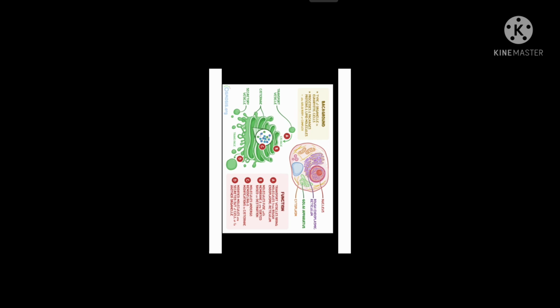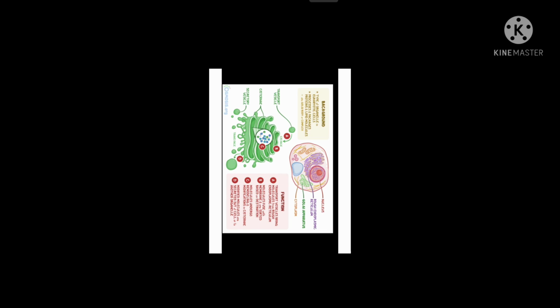Then coming to the functions. What are the functions of the Golgi complex? There are a lot of functions, but I have taken only the important ones. The first function is the formation of vacuoles and lysosomes, which release the enzymes that play a very important role in digestion of food.